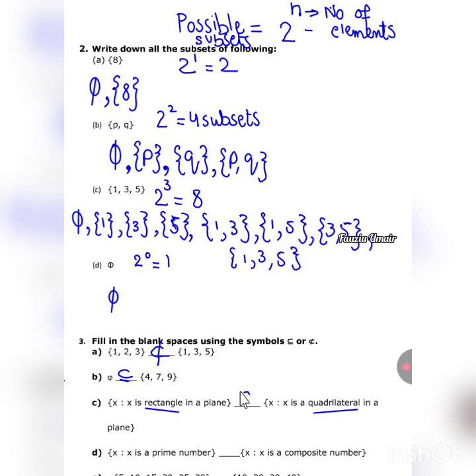A rectangle is a quadrilateral, and quadrilaterals have many other types, like square and rhombus. So the first set is a subset of the second set, and that is the symbol we will use. Part D: x is a prime number, and on the other side x is a composite number.